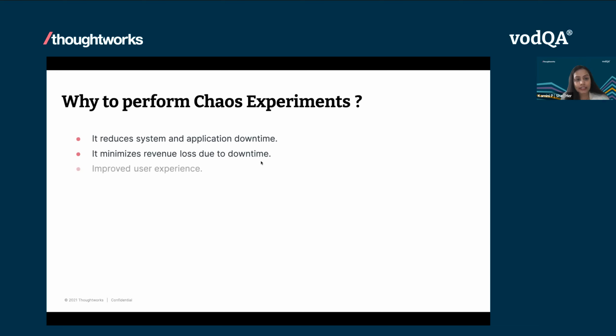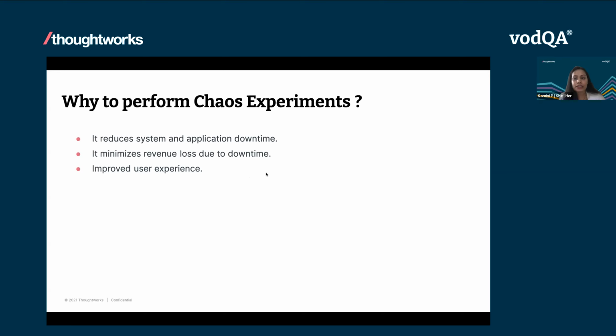The third point says improved user experience. If I get a chance to use any product or application which is crashing every now and then, I am not going to use it. At least none of the users will prefer to use that particular product. Take the example of booking a cab, commuting somewhere, or ordering food.